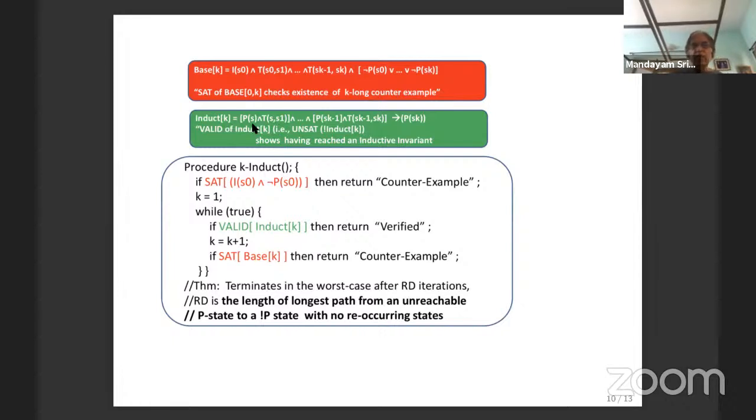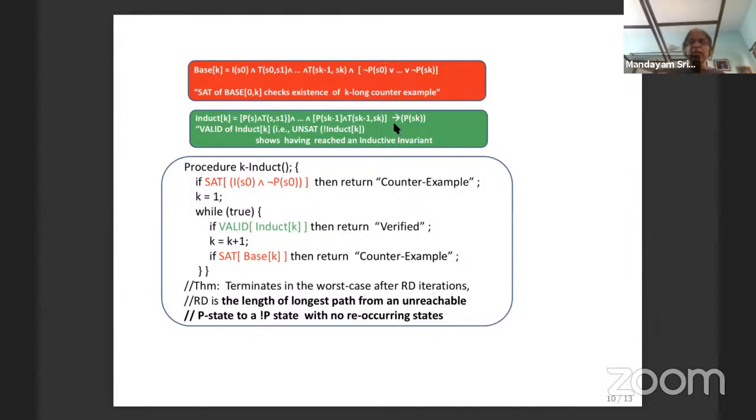It checks if you assume a K-long path from some P state on which every state satisfies P, and you did one more step, then for every such path it still falls into that. If it falls into that, then you know that it cannot get out of it.